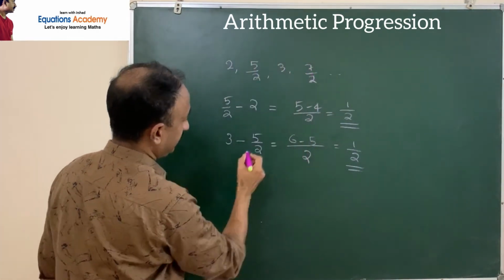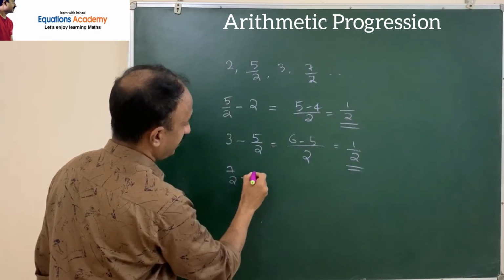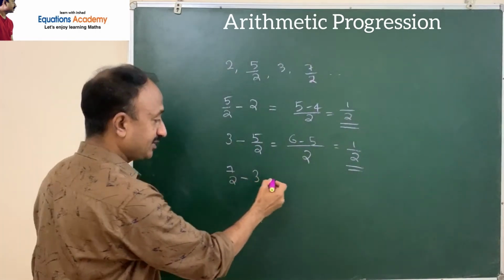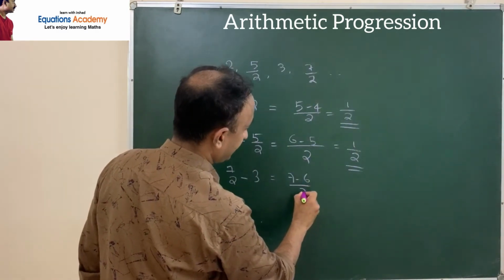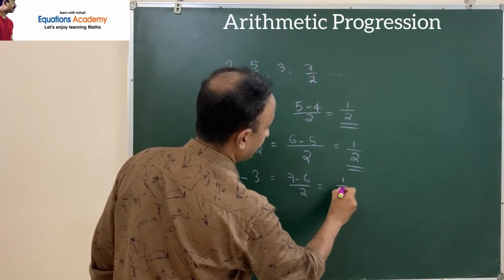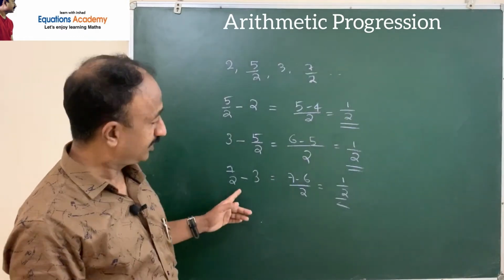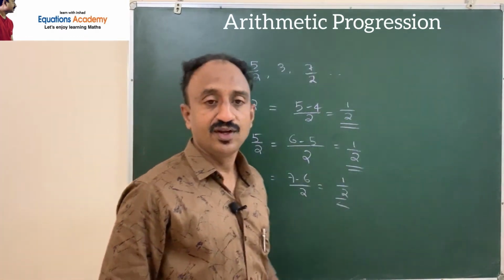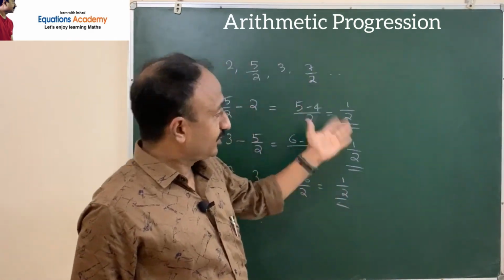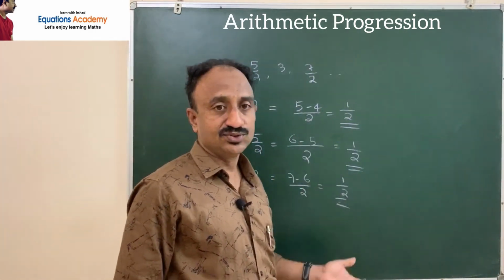Fourth term minus third term: 7 by 2 minus 3 is 7 minus 6 by 2 equal to 1 by 2. 7 by 2 is 3.5, 3.5 minus 3 is 0.5, and 1 by 2 is 0.5. So, there is a common difference, which is 1 by 2. So, this is an AP.